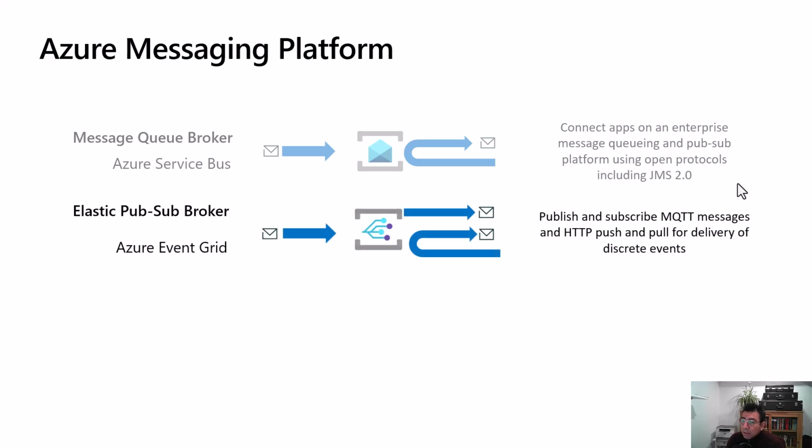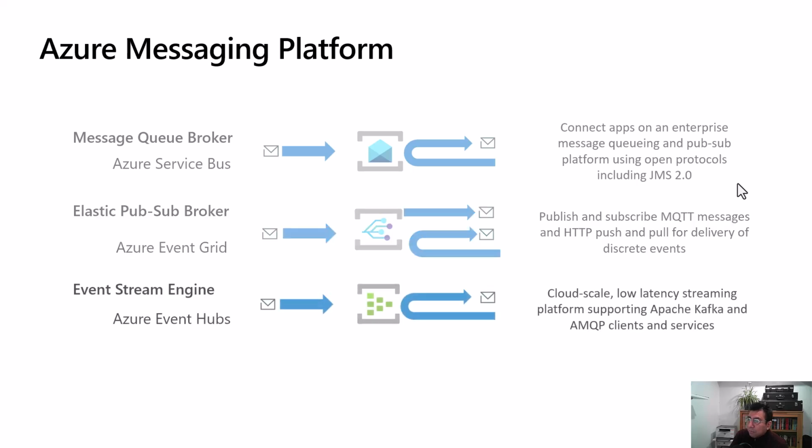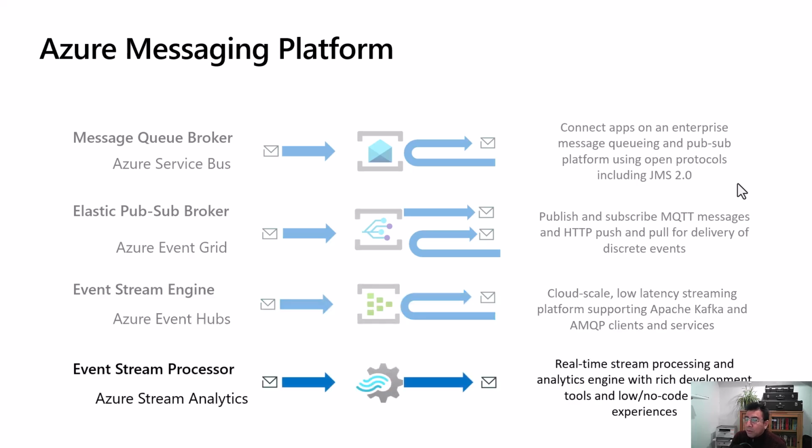We have an elastic pub/sub broker, Azure Event Grid, publish and subscribe, MQTT messages and HTTP push and pull for delivery of discrete events. And we have a stream engine, Event Hubs, a cloud-scale, low-latency streaming platform supporting Apache Kafka and AMQP clients and services. And finally, we have our event stream processor, Azure Stream Analytics, a real-time stream processing and analytics engine with rich development tools and low or no-code editor experiences.